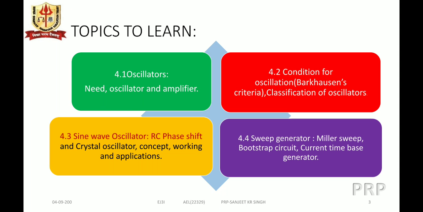So the topics to learn in this presentation and the second presentation are: the first one, oscillator, introduction to the oscillator, the need of oscillator, oscillator and amplifier comparison, then condition for the oscillation, that is Barkhausen criteria, classification of oscillators, and 4.3 sine wave oscillator, and in that we will be studying about RC phase shift in this presentation, and the remaining crystal oscillator concept of working and application will be studied in the next presentation.